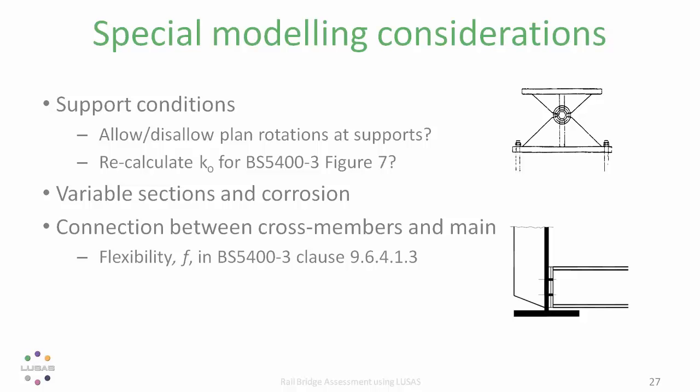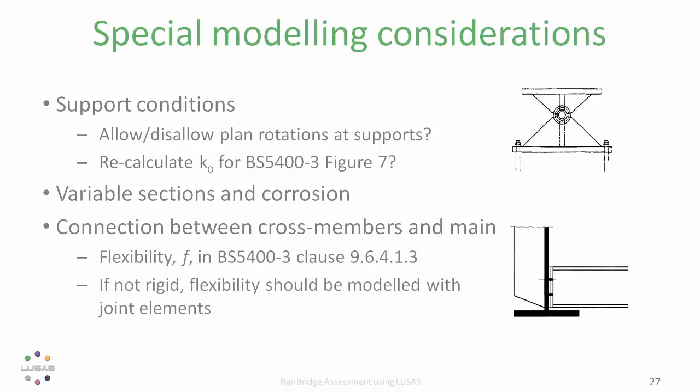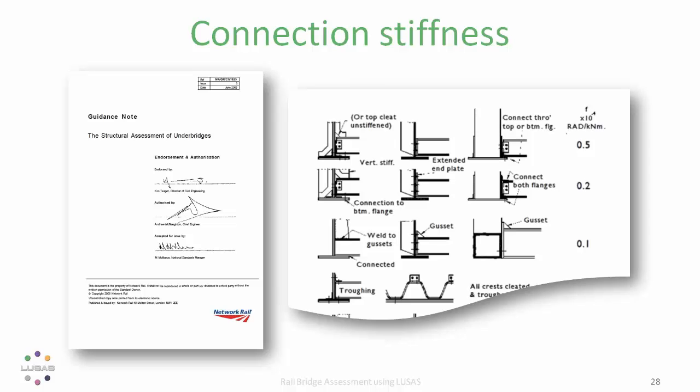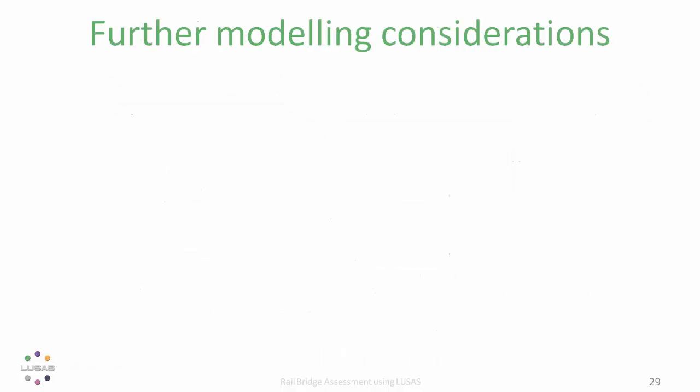If the connection is not rigid, that approach would result in an overestimate of the buckling load. So the flexibility should then be included in the model using joint elements. And you could get a stiffness for those joint elements from the Network Rail guidance note, where Figure A46 gives the values of flexibility for a range of different connection types.